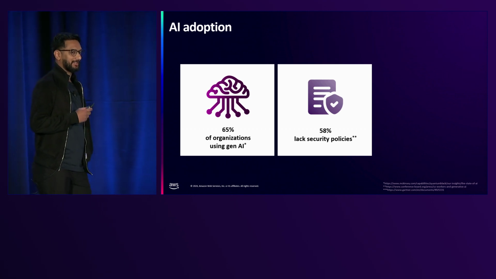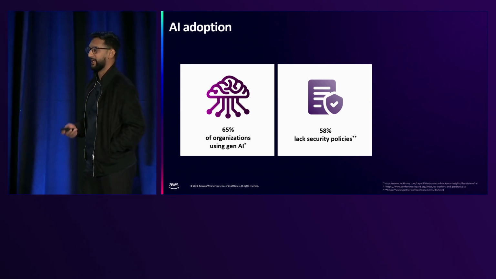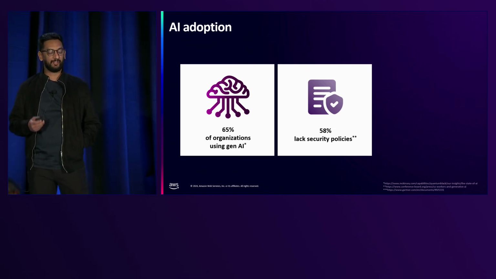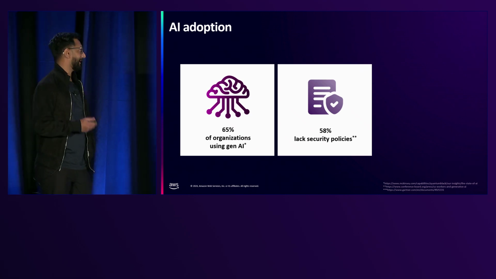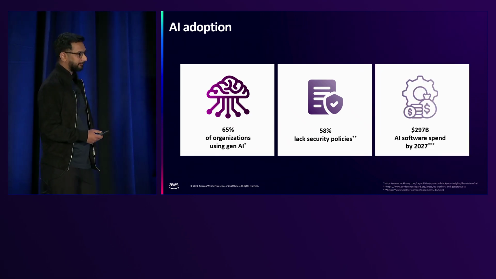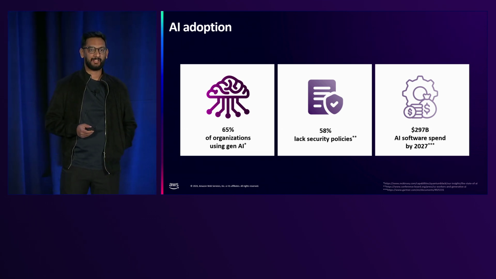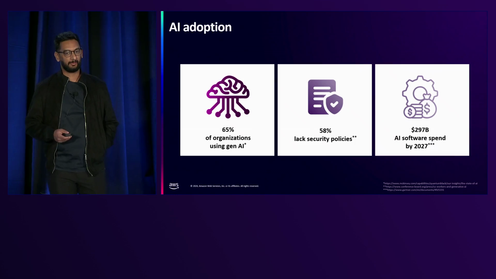Now, the second part of this, though, which is interesting, is over 50% don't have appropriate security policies or haven't started implementing security policies for these Gen AI applications. And while the adoption's been crazy over the past year, it's just begun.